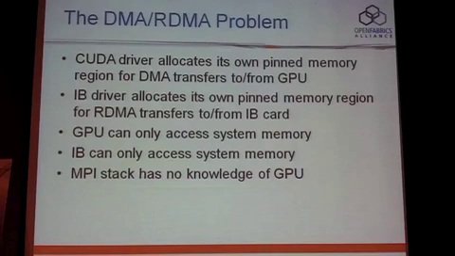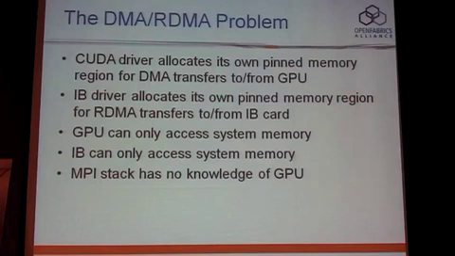So when you're using CUDA host alloc or CUDA malloc host, that's actually allocating a pinned memory region on the host for the GPU to use for DMA transfers for best bandwidth. The IB driver wants to do the same thing. So if you've got Infiniband, you want a pinned memory region so that you can DMA more efficiently or RDMA out to another node more efficiently.